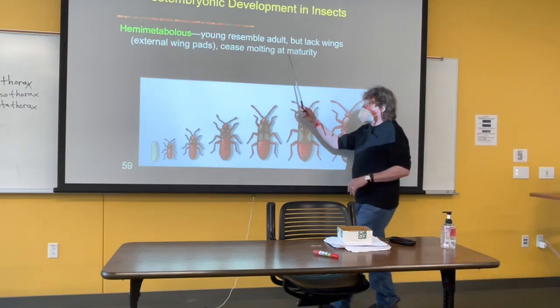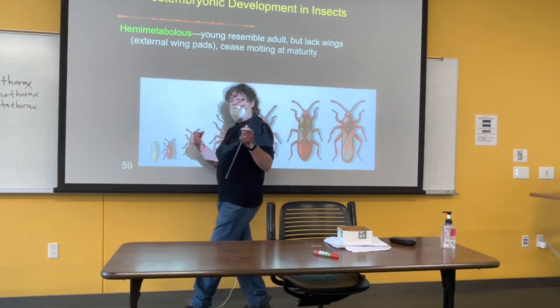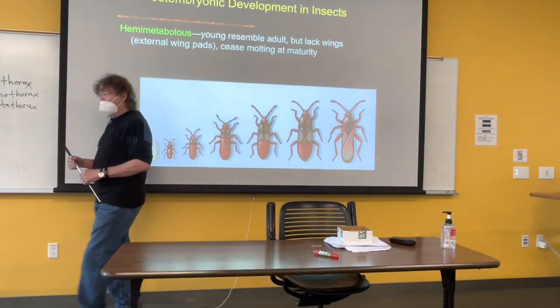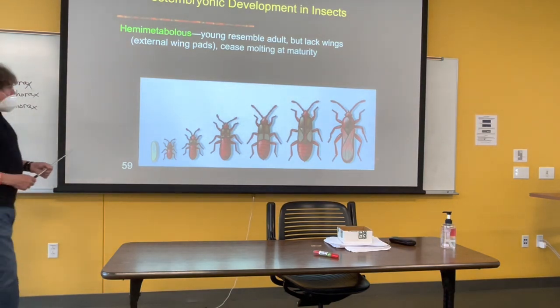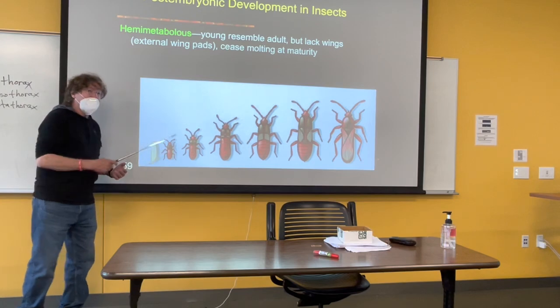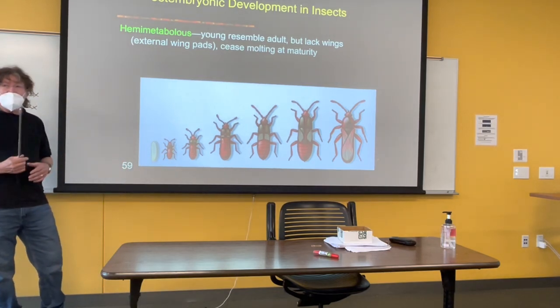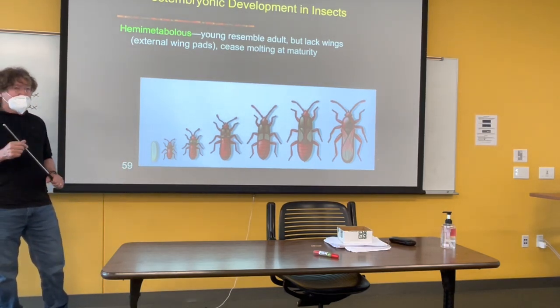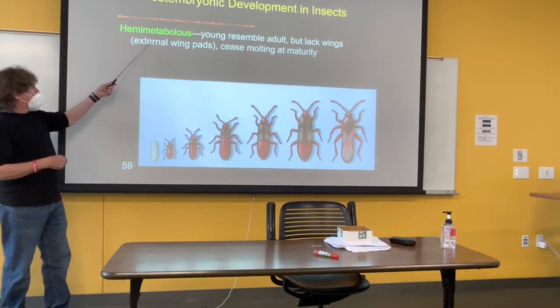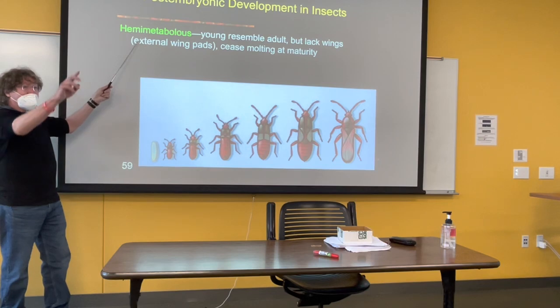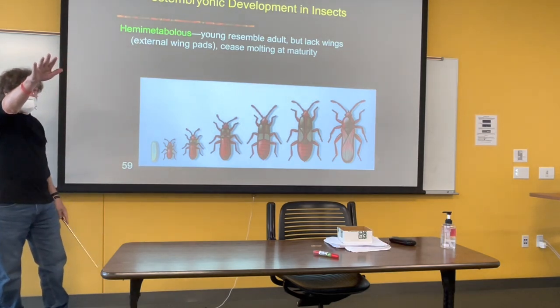However, because of these other two patterns, we make a distinction of the insects, saying they have these post-embryonic phases. So we have another group here that is hemimetabolous. This is like grasshoppers, cockroaches, and termites, and true bugs. They happen to follow this. And this is only in the Pterygota, okay, winged insects.